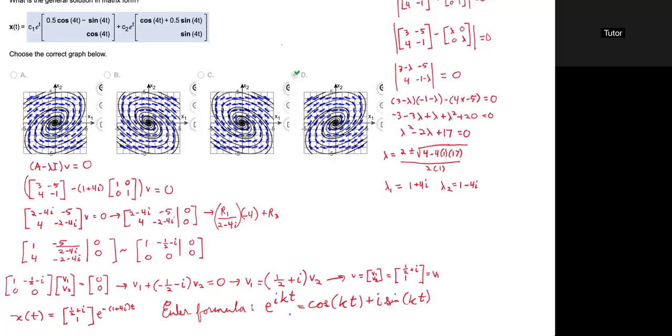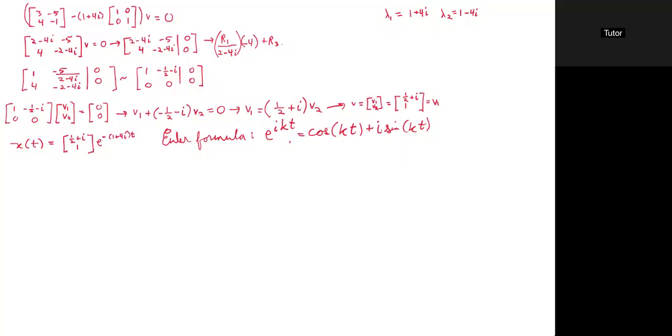And so, taking our solution here and breaking this up using Euler's formula, we will have that e to the negative 1 plus 4I t multiplied by 1/2 plus I, 1 is equal to, and here we want to factor out e to the power of negative t.